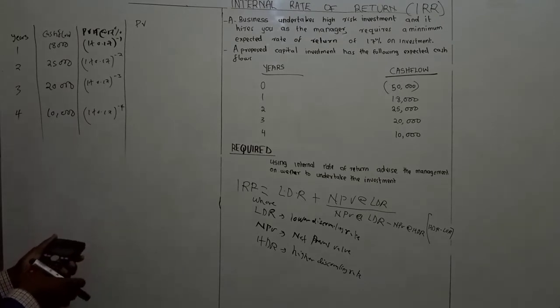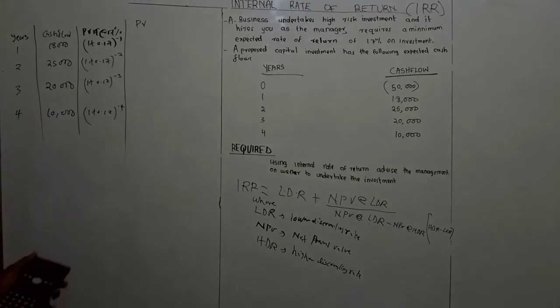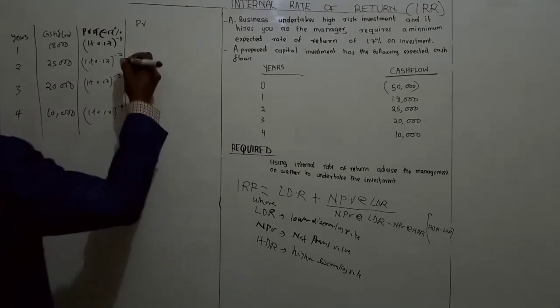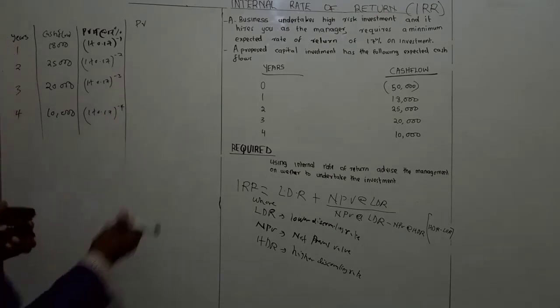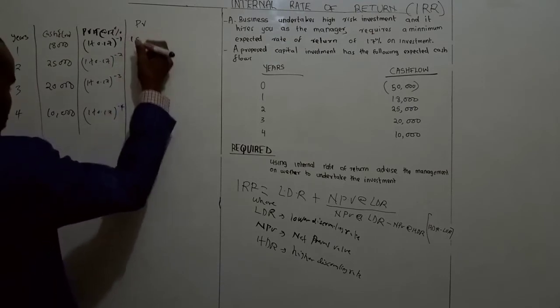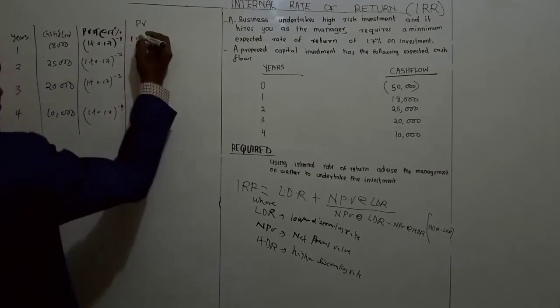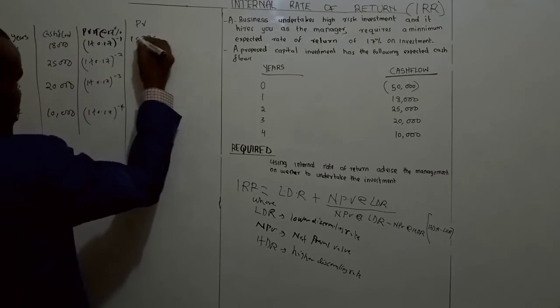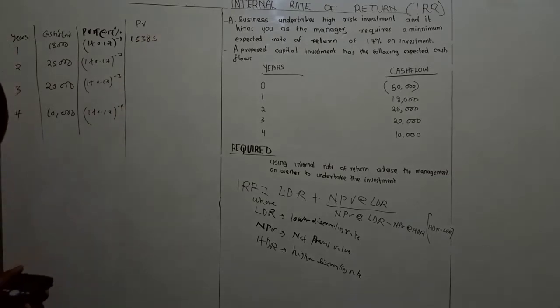If I raise to -1, then multiply by 18,000, I get 15,385 to the nearest whole number.